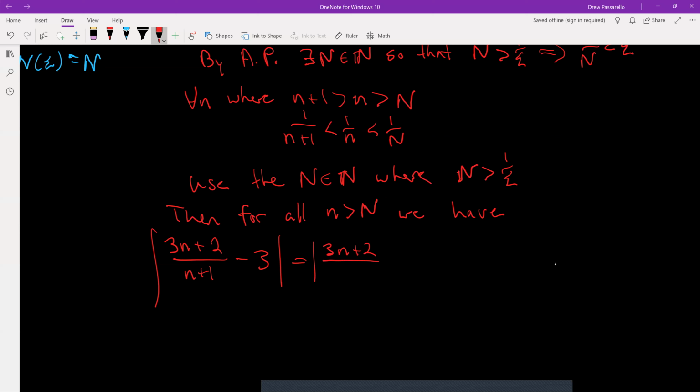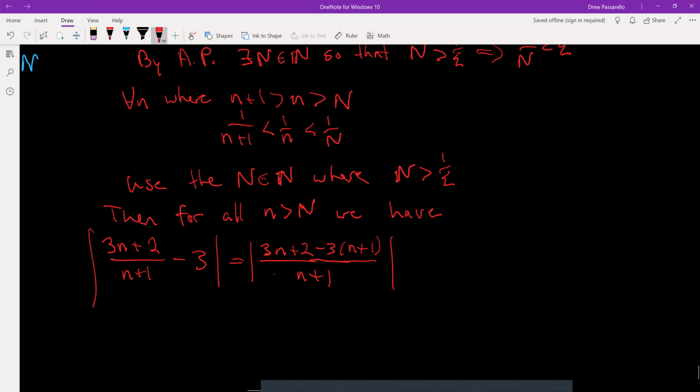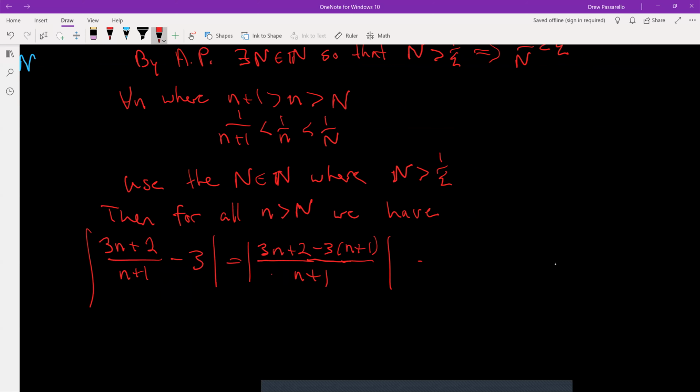and then n plus 1, and then it's one fraction, that's minus 3 times n plus 1, all over n plus 1. And continuing with our algebra, we get that to be equal to negative 1 over n plus 1. Absolute value, that's going to result in just positive 1 over n plus 1.